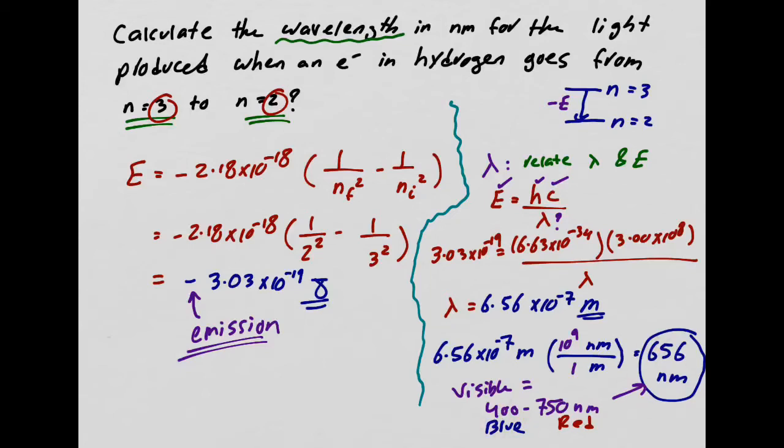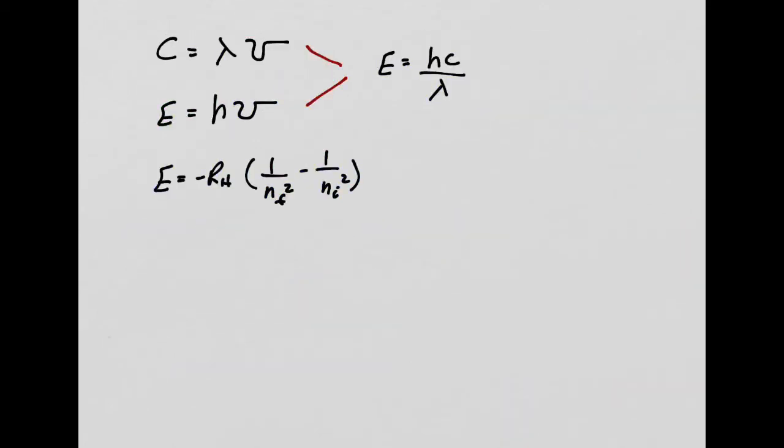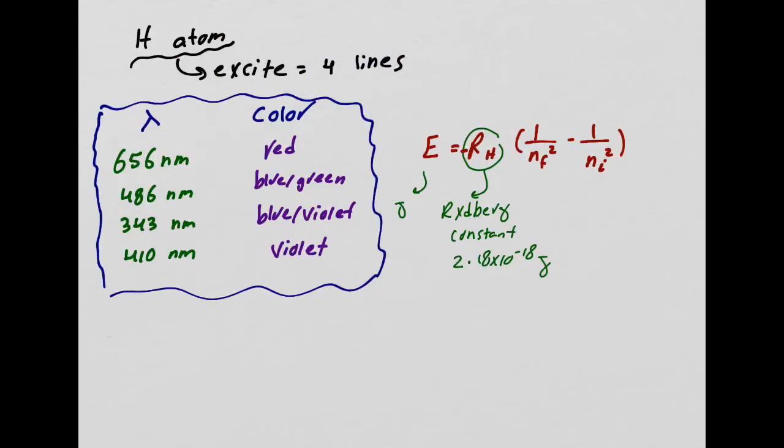So is this within the visible range? Yes, it is. Now, why is this so cool? So when you plug in the number, this is the wavelength you get, right? Let's go back over here. 656, and it's red. Isn't that so cool?